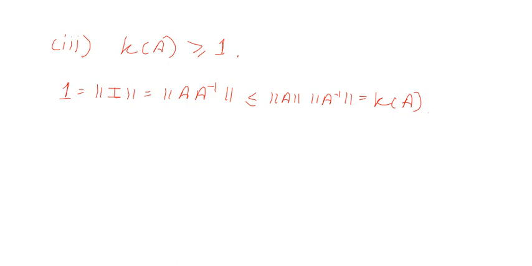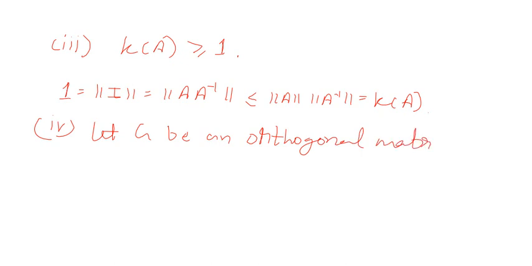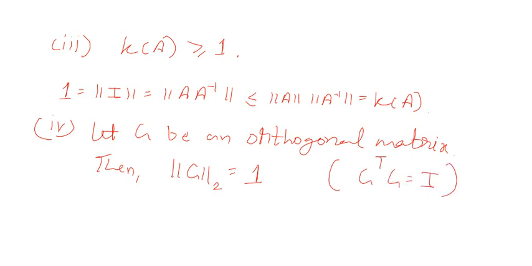Right? Okay. What about this: let G be an orthogonal matrix. Then the 2-norm of G is 1, I see, because you know G transpose G is the identity matrix, and you know that the subordinate matrix norm of the identity matrix is 1, and the spectral radius of the identity matrix is also 1.